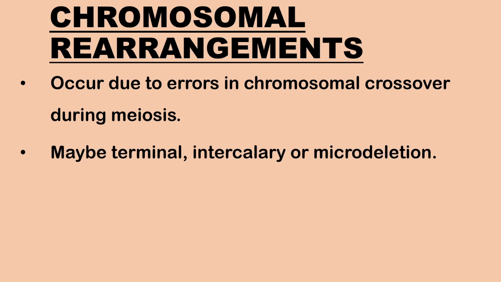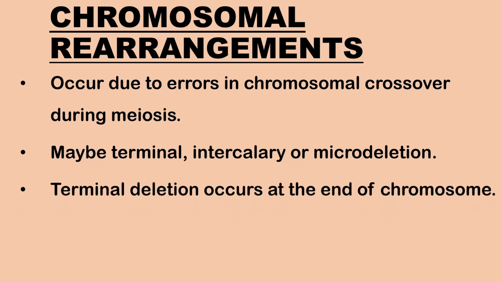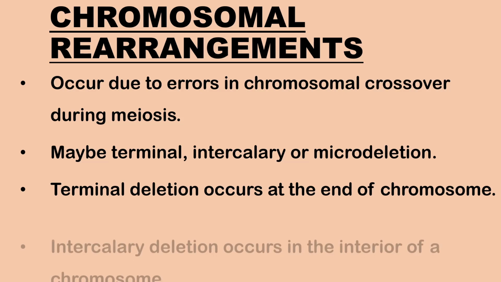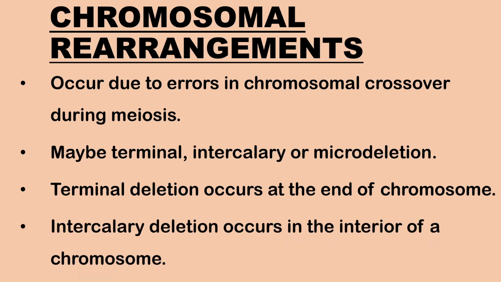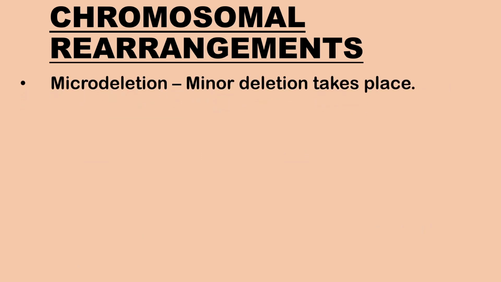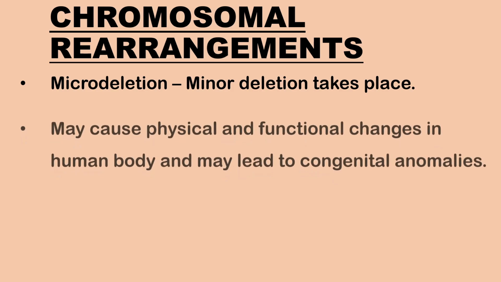Deletion may be terminal, intercalary, or microdeletion. Terminal deletion occurs at the end of a chromosome. Intercalary or interstitial deletion occurs in the interior of a chromosome. In microdeletion, minor deletion takes place.